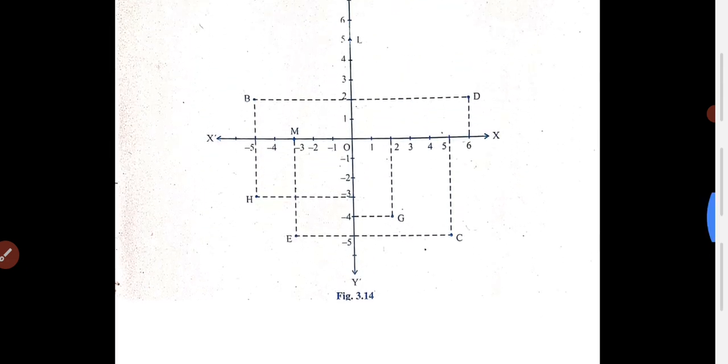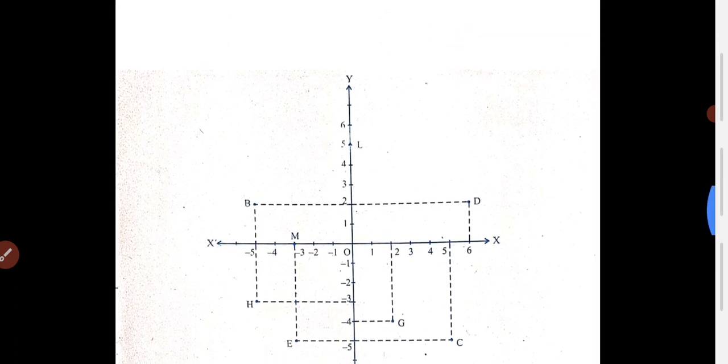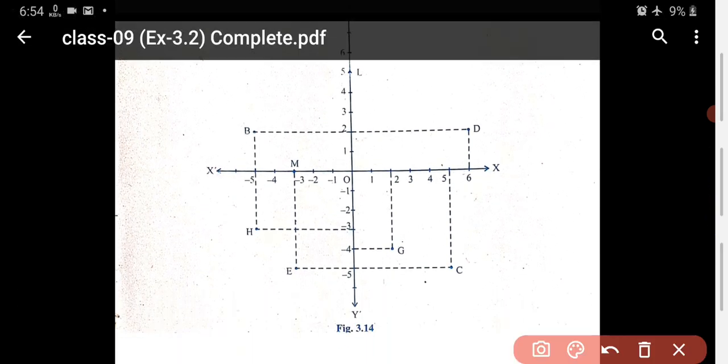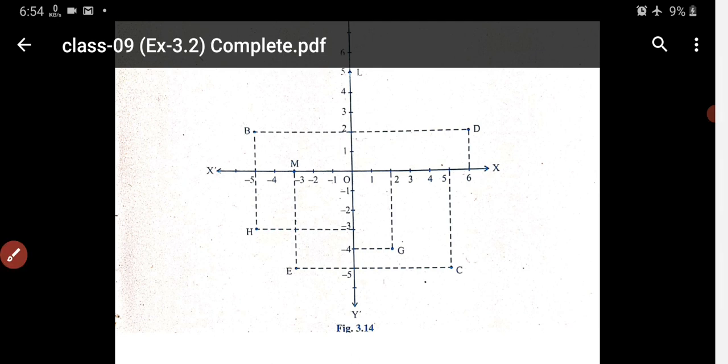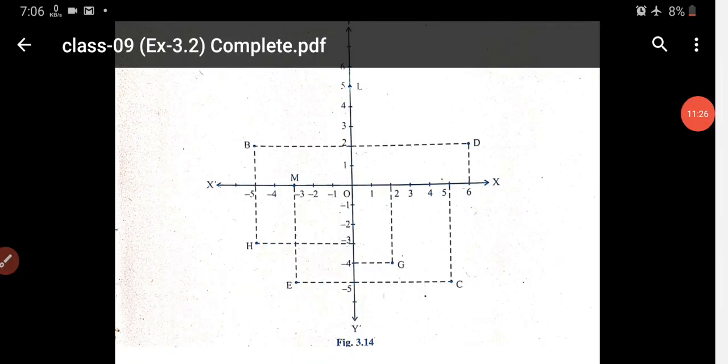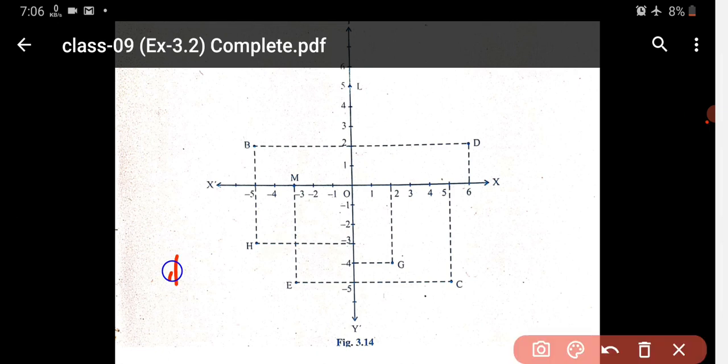Just look here, point B. For the point B, you are asked to give the coordinates. A point is always written in the form P(x, y), so you have to write in that form.